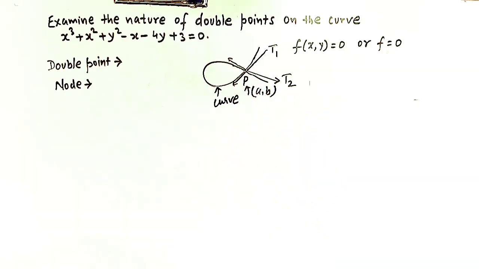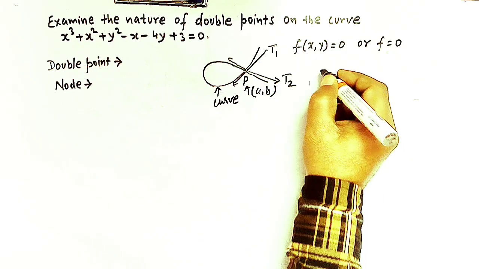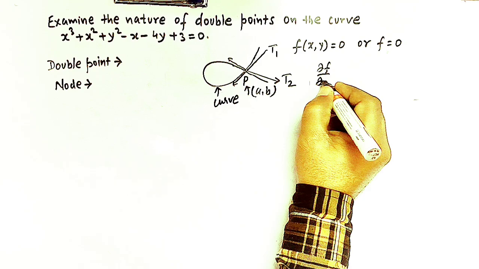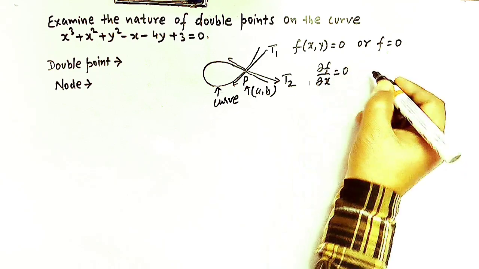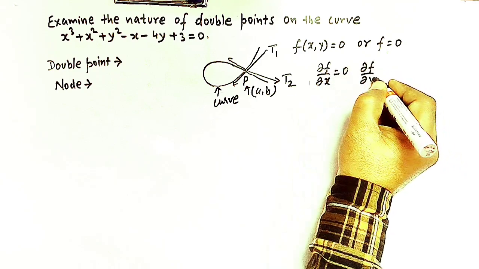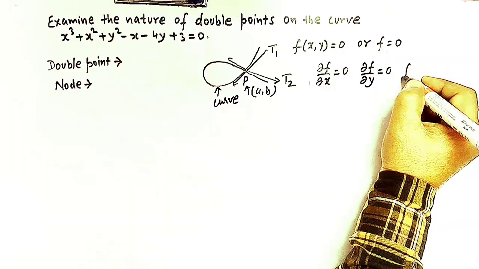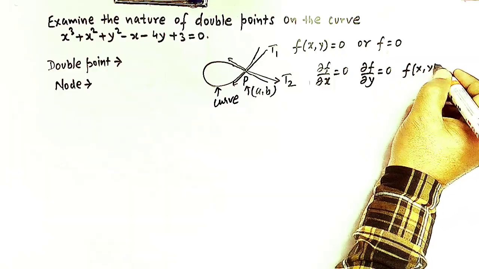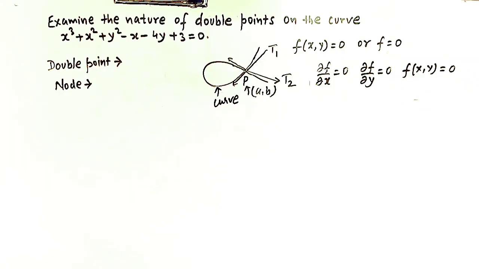And the necessary conditions for having a double point on a given curve are del f over del x is equal to 0, del f over del y is equal to 0, and f of x comma y is equal to 0, right?